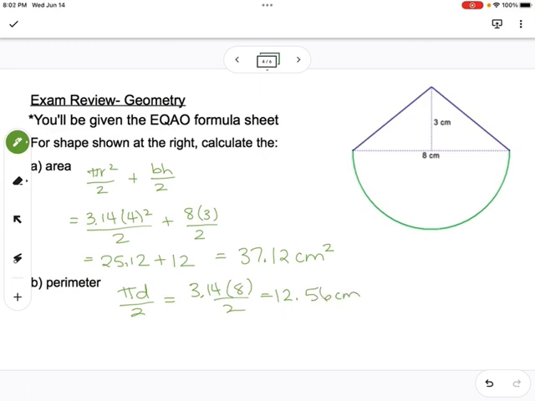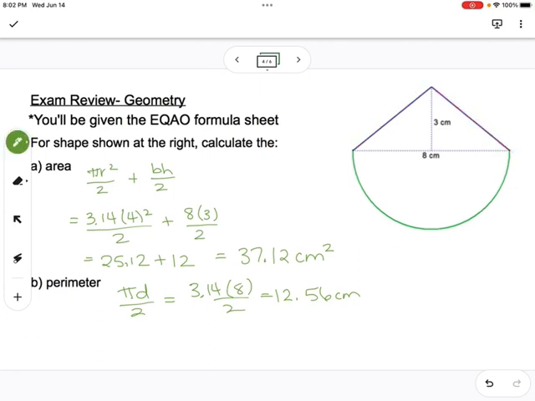And now we need to add on these two sides of the triangle. So what we notice we have here, we have the height and the base of the triangle, but we don't have these sides.